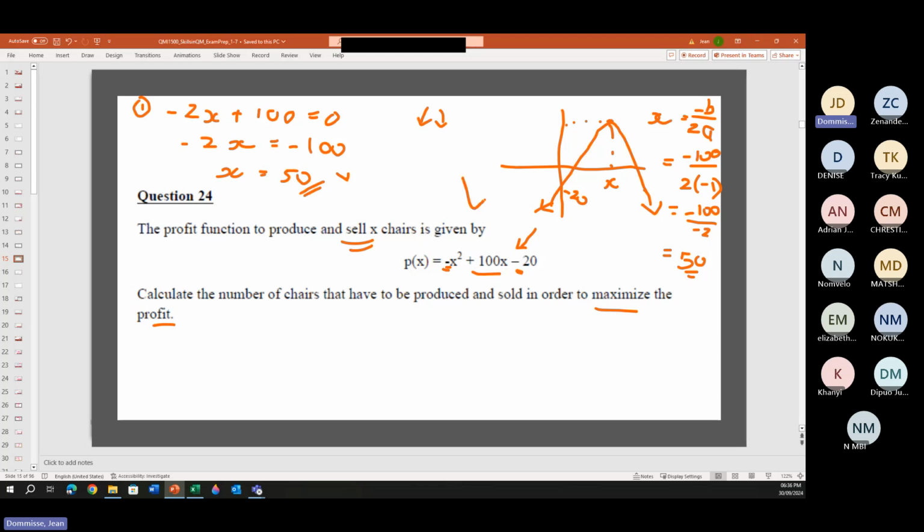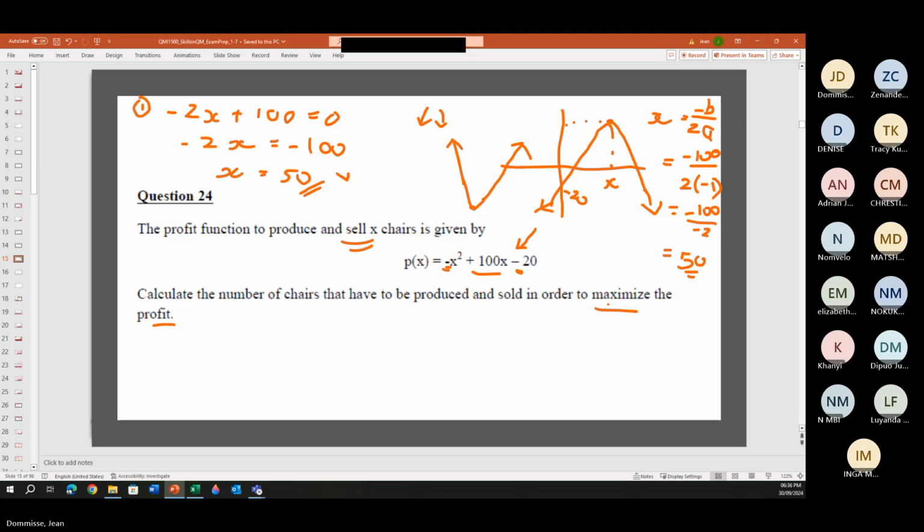If it was the other way around, this would have just been the minimum instead of maximum, but again, it would have been the turning point. So you can also work it out with the turning point formula, which will give you exactly the same answer. Okay, so I just wanted to show both for you.